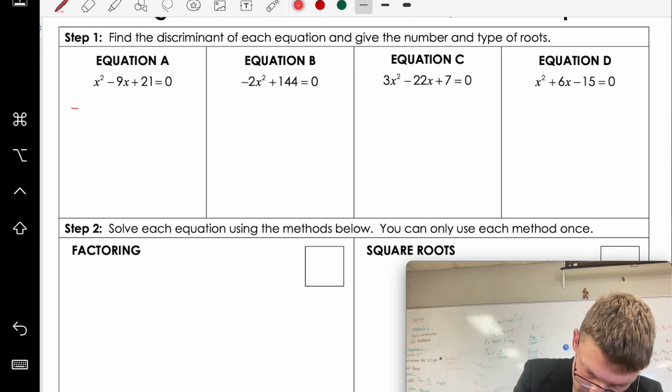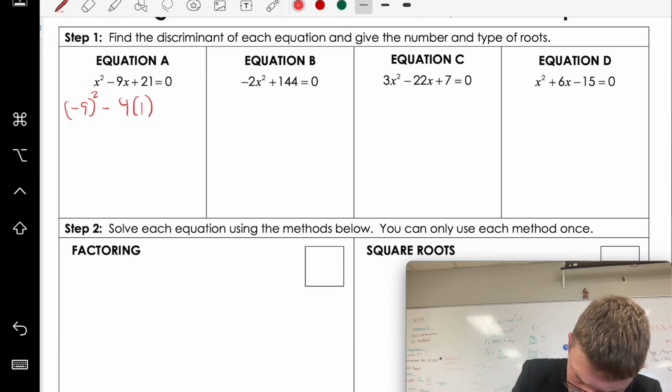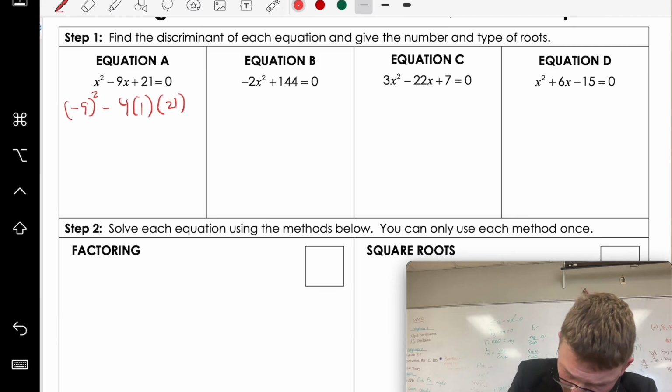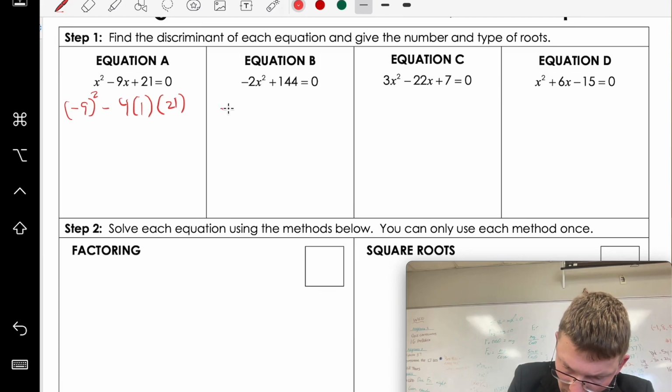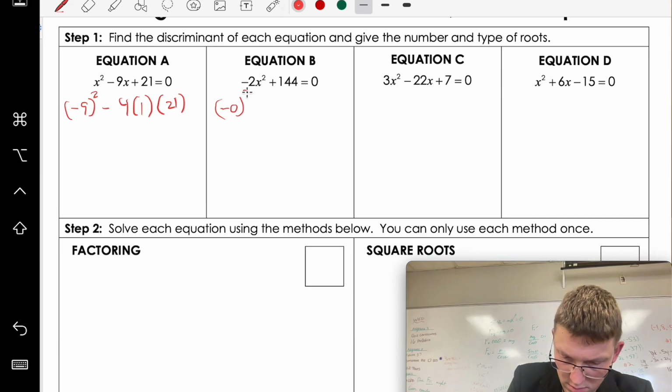B squared minus 4AC. And I'm just going to plug all this into my calculator later. This one, b is 0. It's just 0 squared, whatever, I don't care.